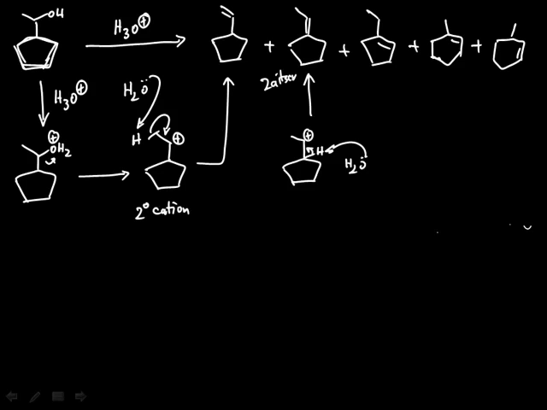But once we have this secondary cation, the cation itself can undergo other transformations other than eliminations. So what we see here is that this cation could easily get stabilized by movement of this hydrogen, and this will be a hydride shift.